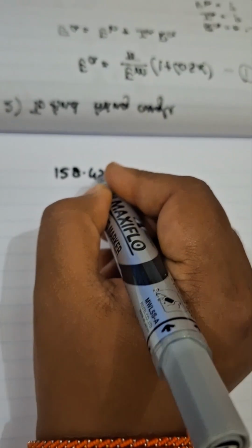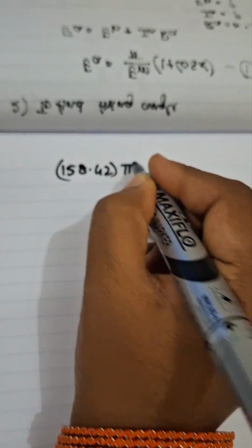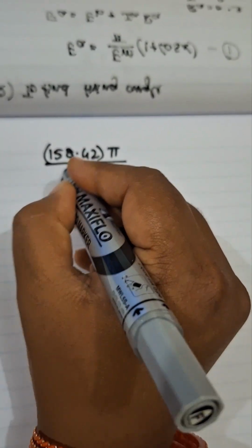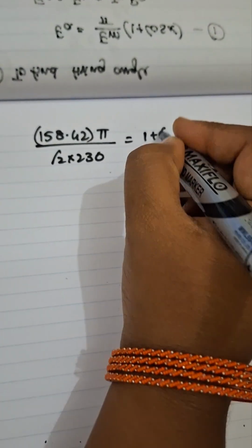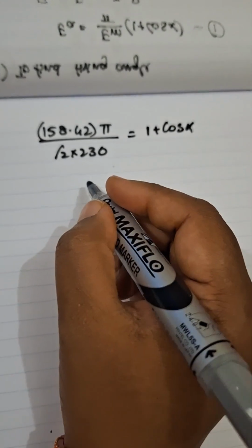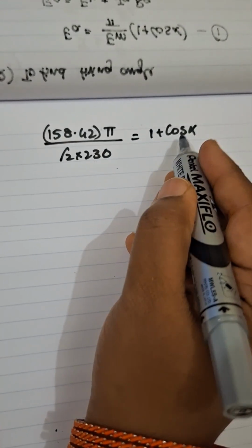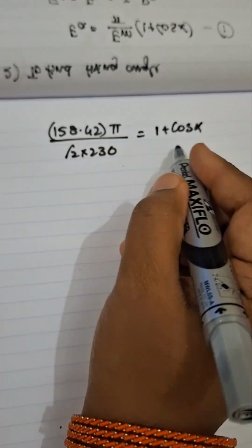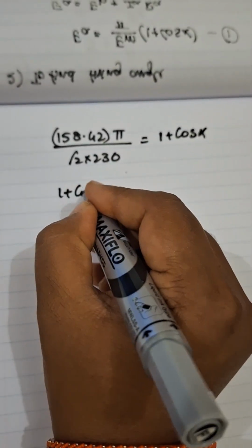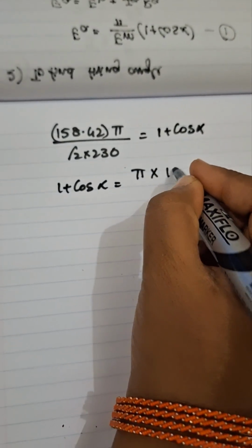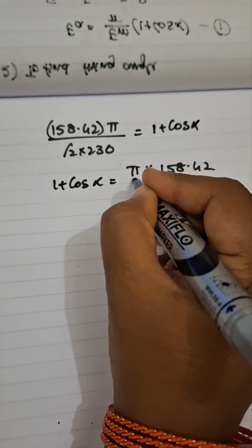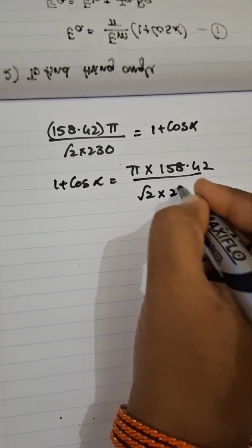So 158.42, pi is in the denominator, it will come to the numerator. Root 2 times 230 is in the numerator, it will come to the denominator. I want alpha, so I am changing right to left, left to right. So 1 plus cos alpha is equal to pi times 158.42 by root 2 times 230.